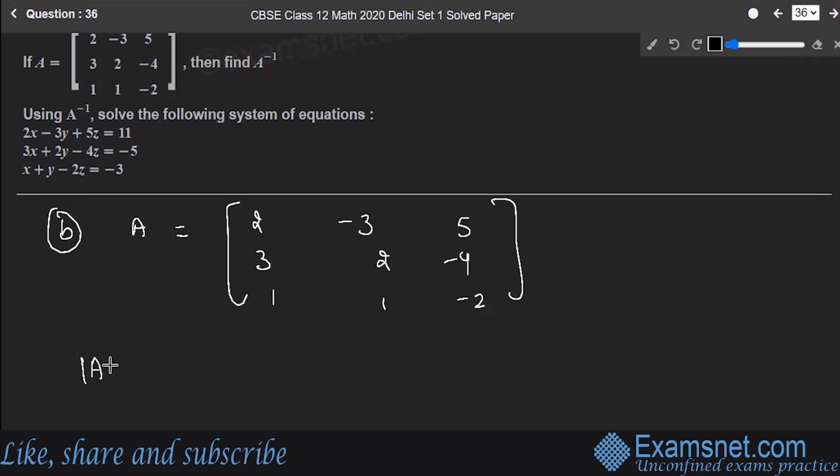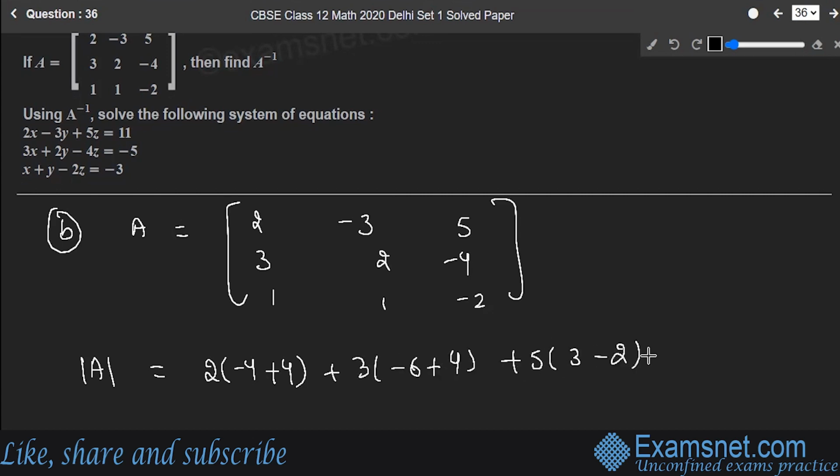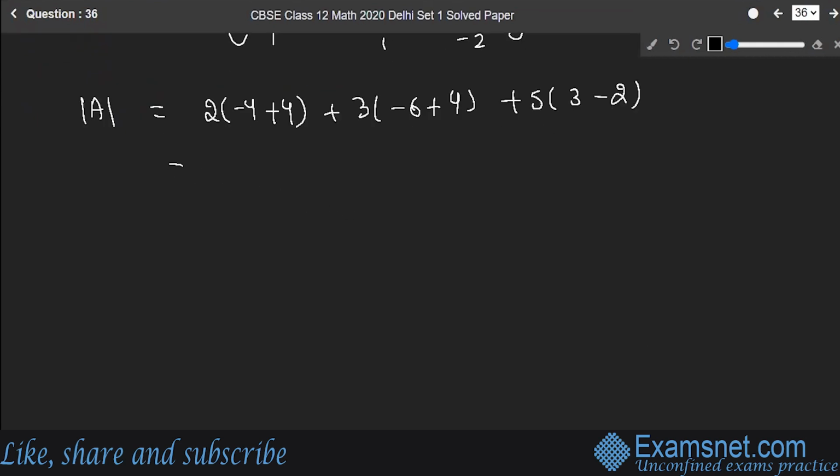First of all, let's find out a determinant of A. This is equal to 2 into minus 4 plus 4, plus 3 into minus 6 plus 4, plus 5 into 3 minus 2, which is equal to 0 plus minus 6 plus 5, that is equal to minus 1, which is not equal to 0. So that means matrix A is invertible. That means A inverse exists, because the determinant is not equal to 0.